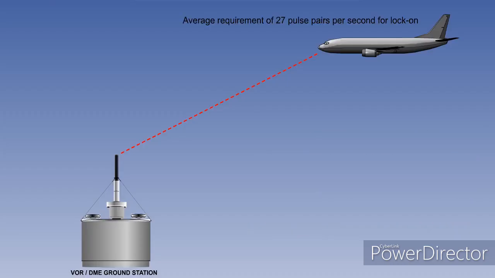It is assumed that 95% of aircraft using a ground beacon will be in the tracking mode and not exceeding 25 pulse pairs per second, while the other 5% are in search mode. This results in an average requirement of 27 pulse pairs per second for lock-on. The output of a modern ground station is a constant 2,700 pulse pairs per second.